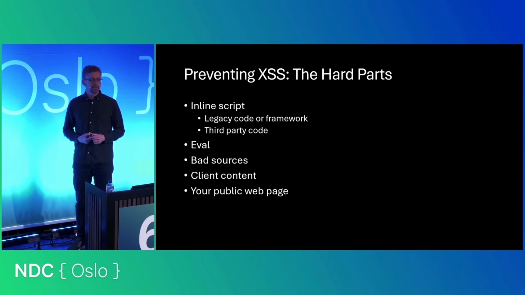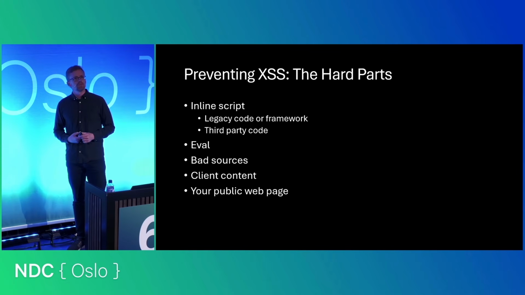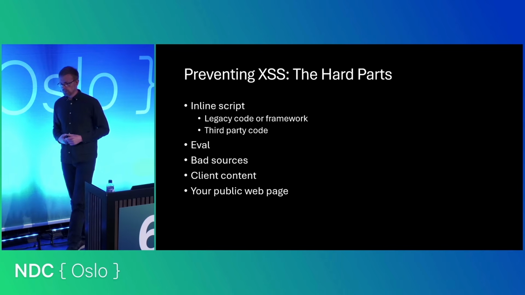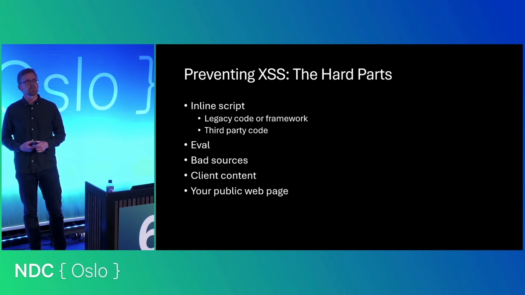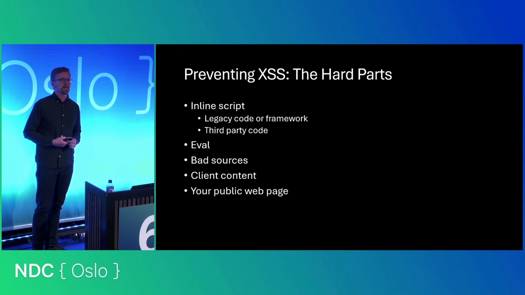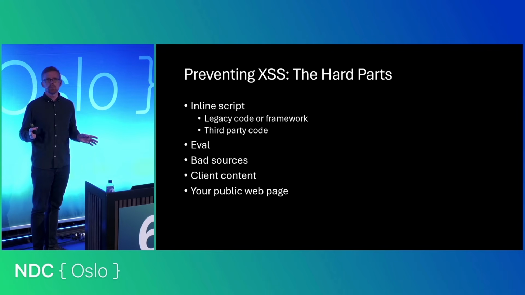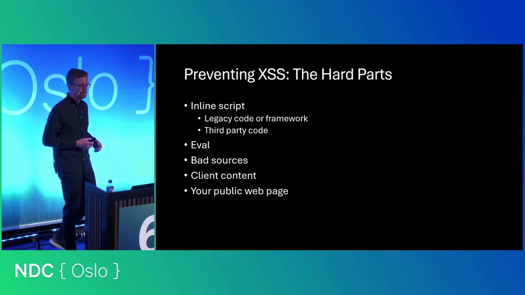And then finally here, your public web page. You know, the one made by marketing that is probably based on some CMS like WordPress with like 1,000 plugins and trackers and all the other marketing stuff. None of that is typically CSP compliant because no marketing department ever asked about that.